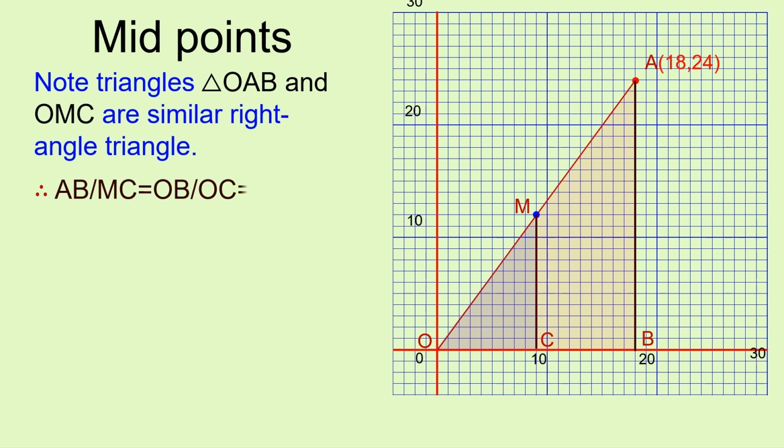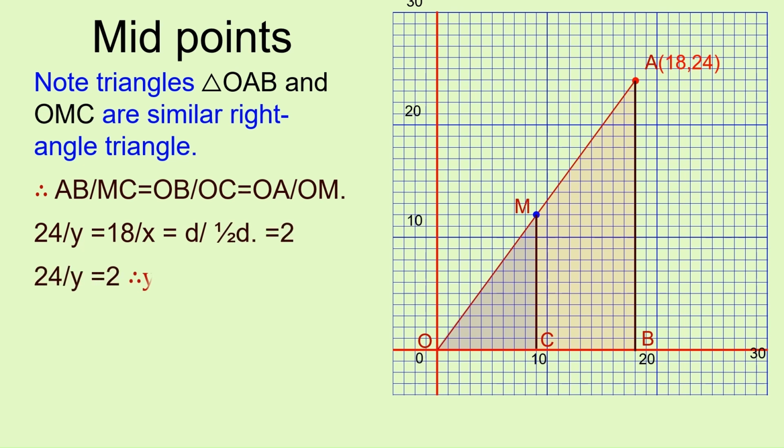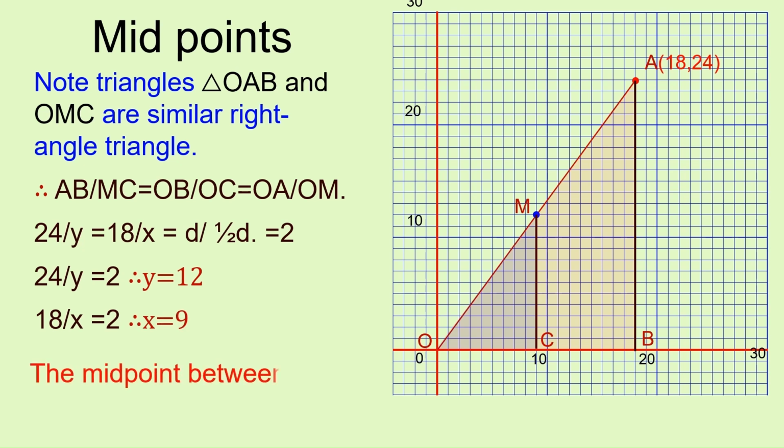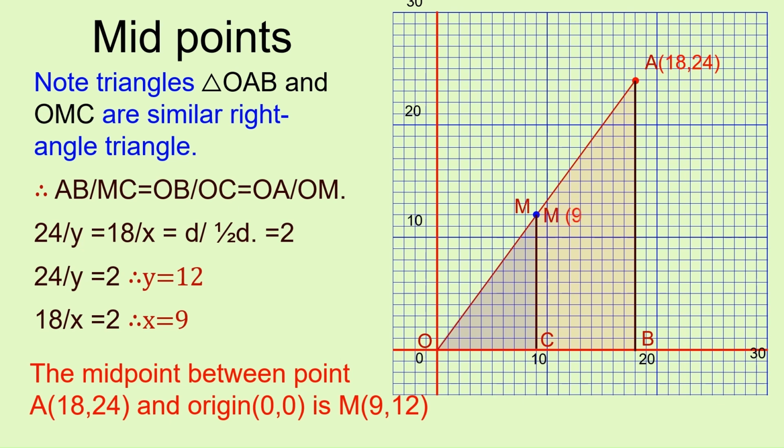Therefore AB by MC equals OB by OC equals OA by OM. 24 divided by y equals 18 divided by x equals d divided by 1/2 d equals 2. Therefore y equals 12. Therefore x equals 9. The midpoint between point A, 18, 24, and origin, 0, 0, is M, 9, 12.